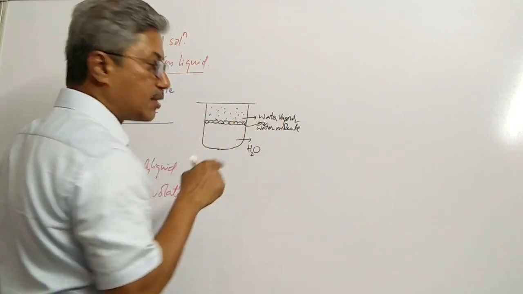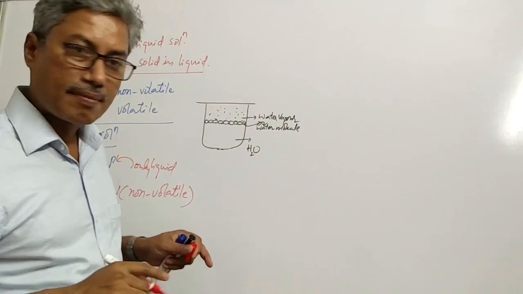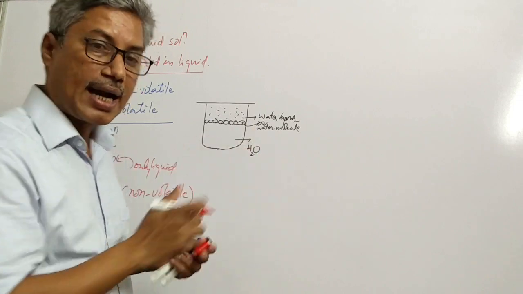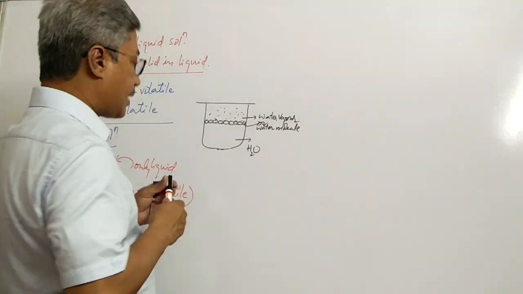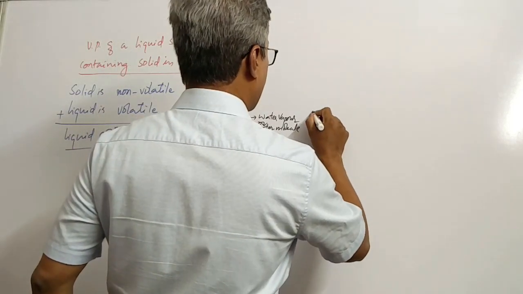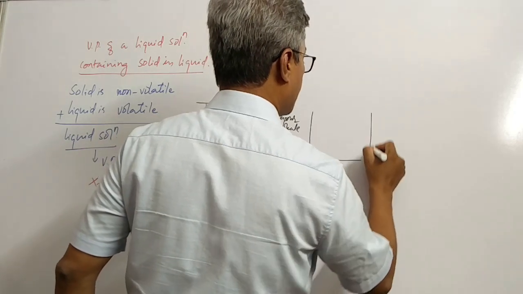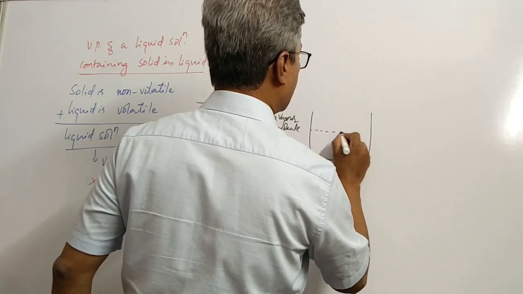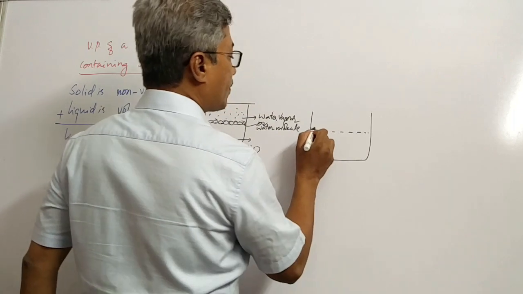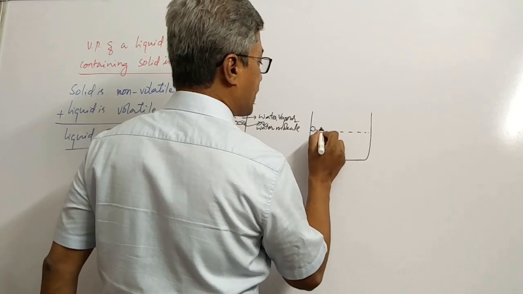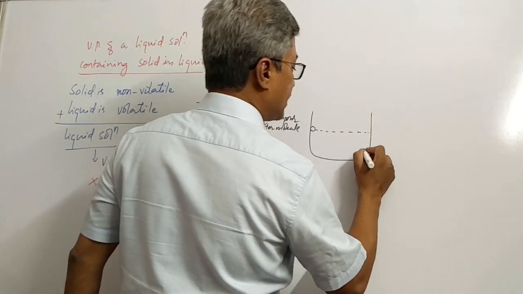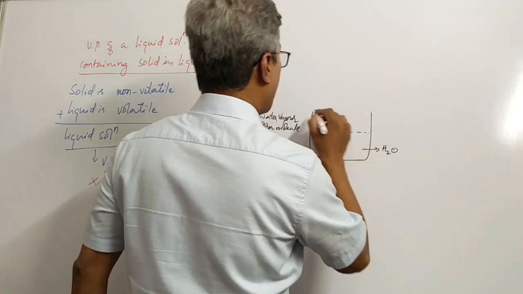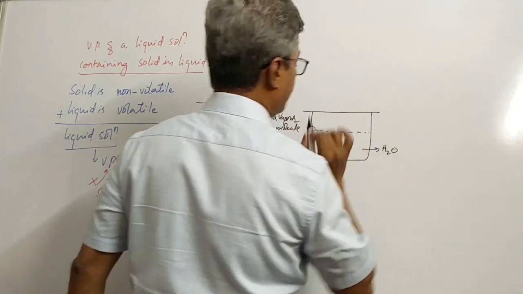Now to this what we do is, we add a non-volatile solute into it, say sugar, and we represent that in another container here. We'll take the same container containing the same quantity of water. That means here water is present. Okay, let us see this. This is water and this is closed.